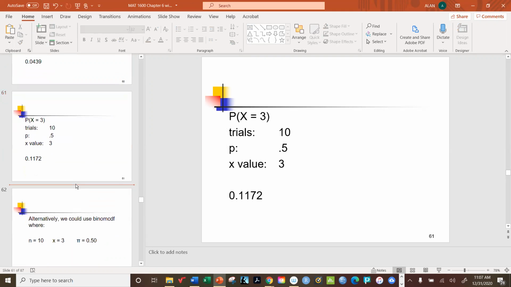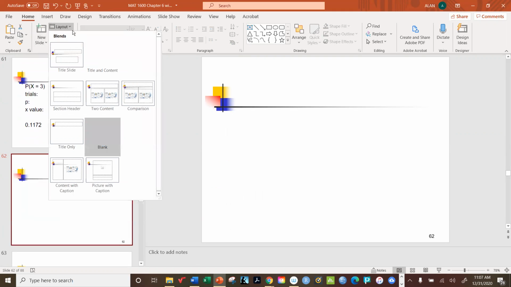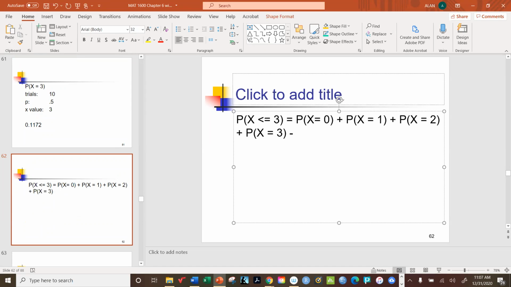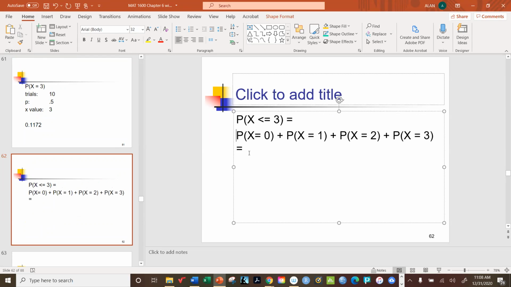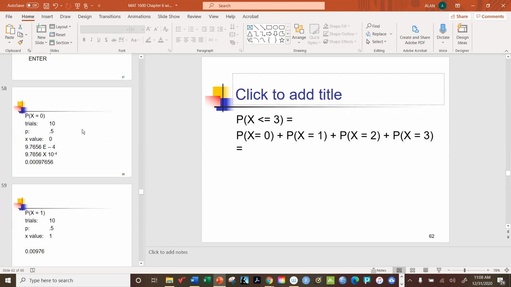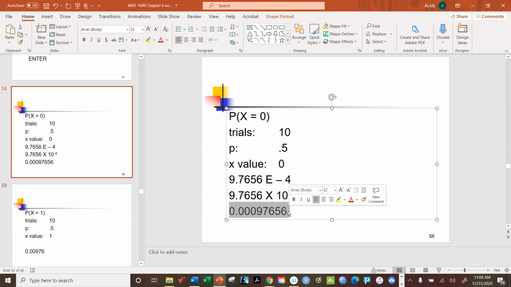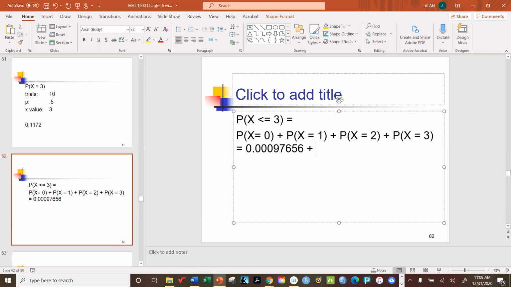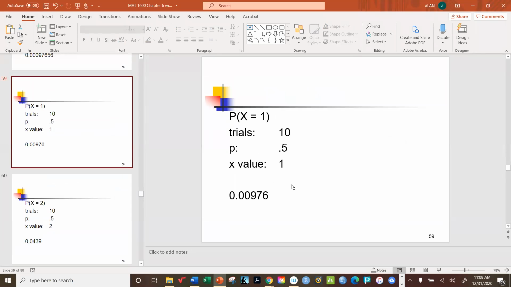Therefore, the probability that x is less than or equal to 3 is the sum of these probabilities. Let me copy these in here again, and then we'll add them up. That's for 0, this is for 1.